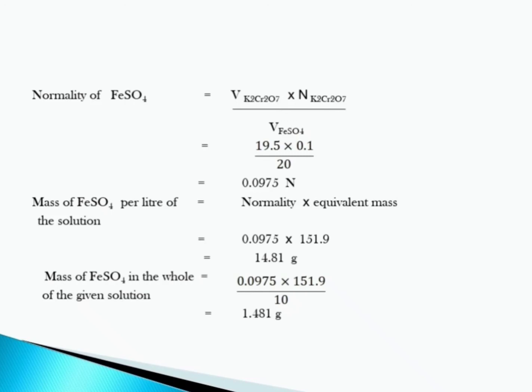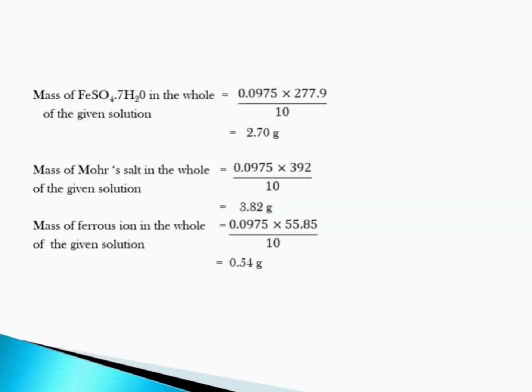Mass of FeSO4 per liter of the solution can be found by multiplying normality by its equivalent mass. Equivalent mass of FeSO4 is 154.9. So multiplying we get mass of FeSO4 per liter of the solution as 14.81 gram. Dividing it by 10, we will get mass of FeSO4 in the whole of the given solution, that is 1.4181 gram.